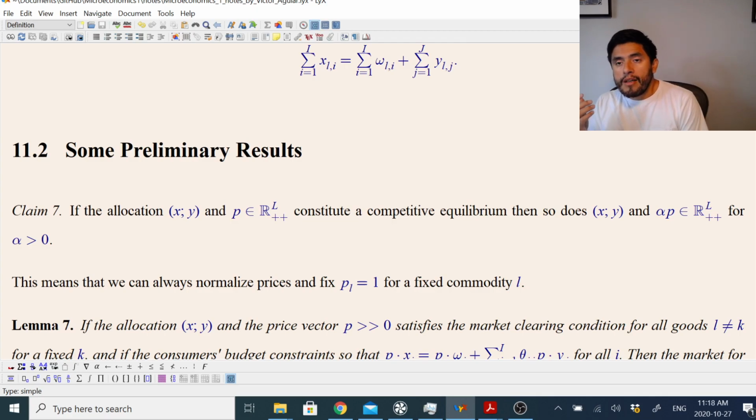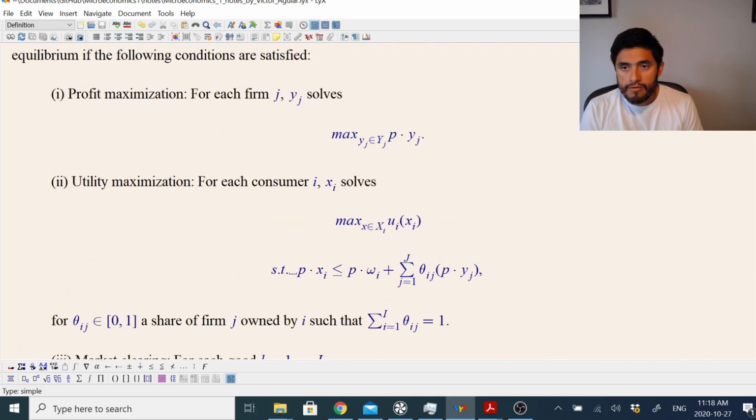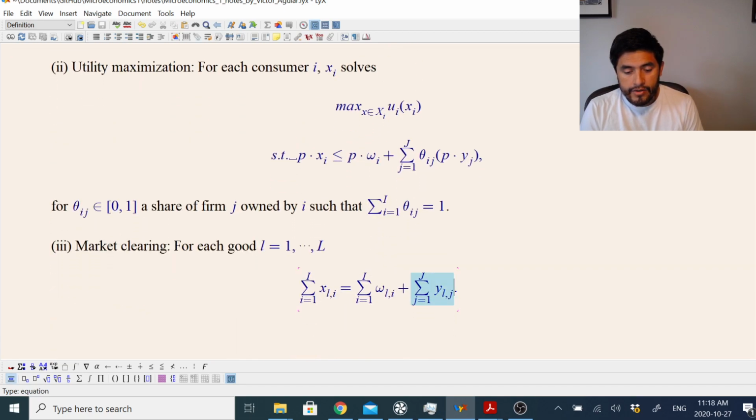So now, economically, we're studying supply and demand, okay? The fact that each firm maximizes profits will generate individual supplies. And then when I aggregate them together, this will generate, in the market clearing, the aggregate supply. Now, aggregate supply also has to take into account initial endowments, right?